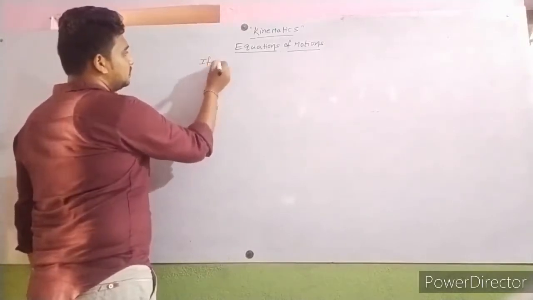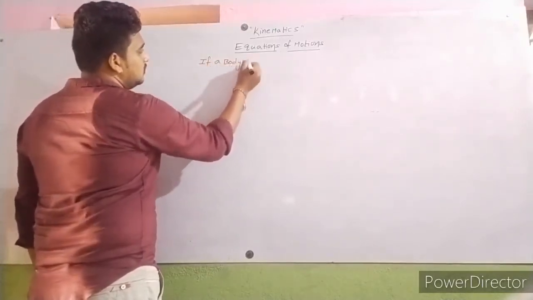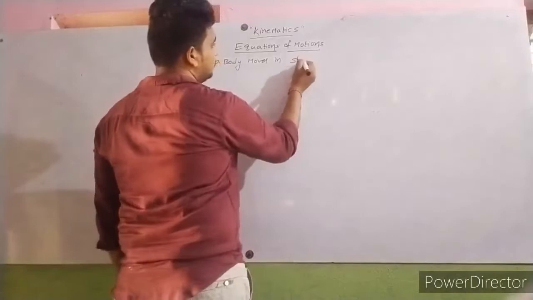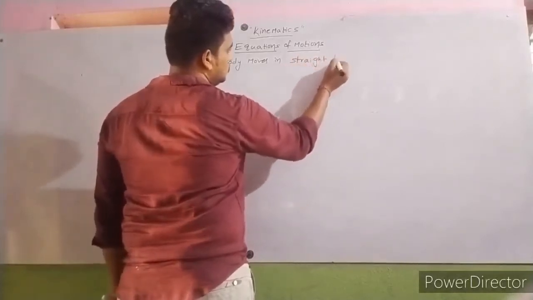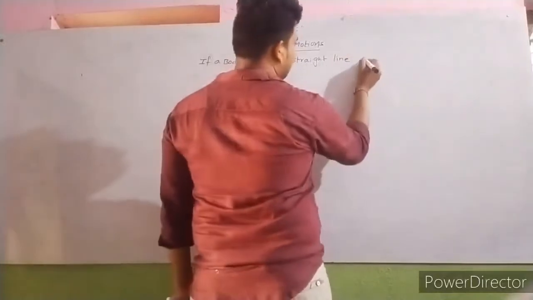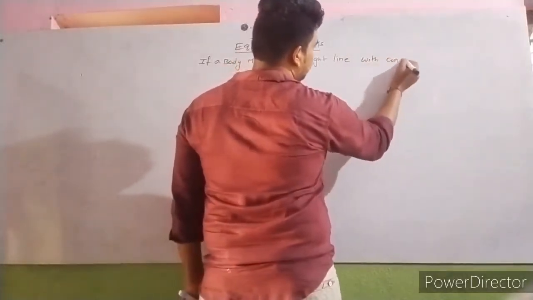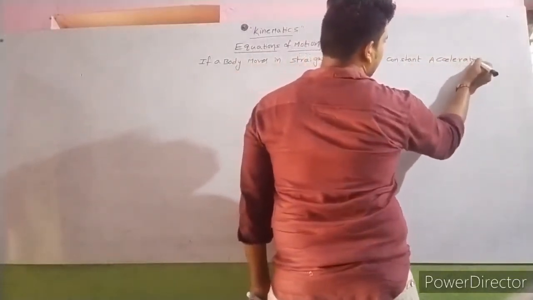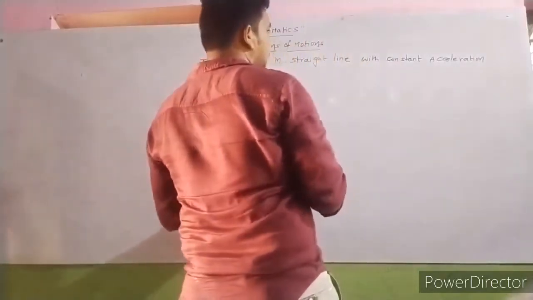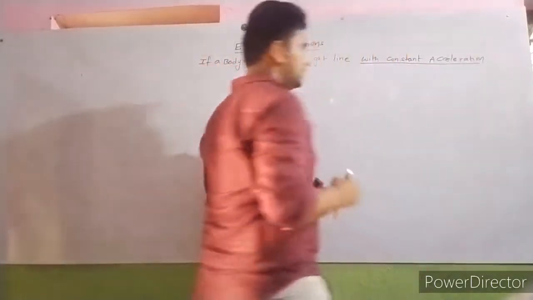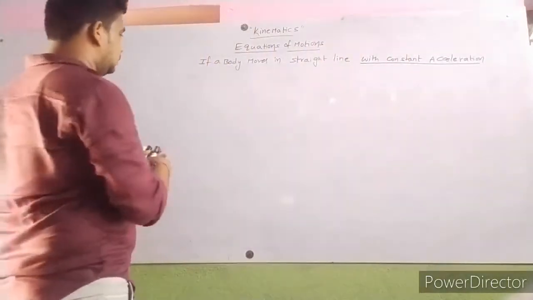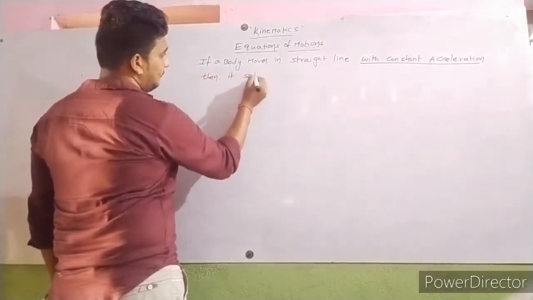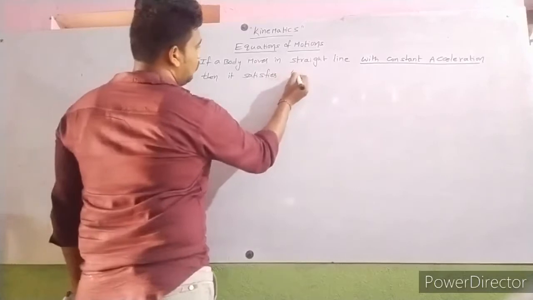if a body moves in a straight line with constant acceleration, then it satisfies 4 equations.